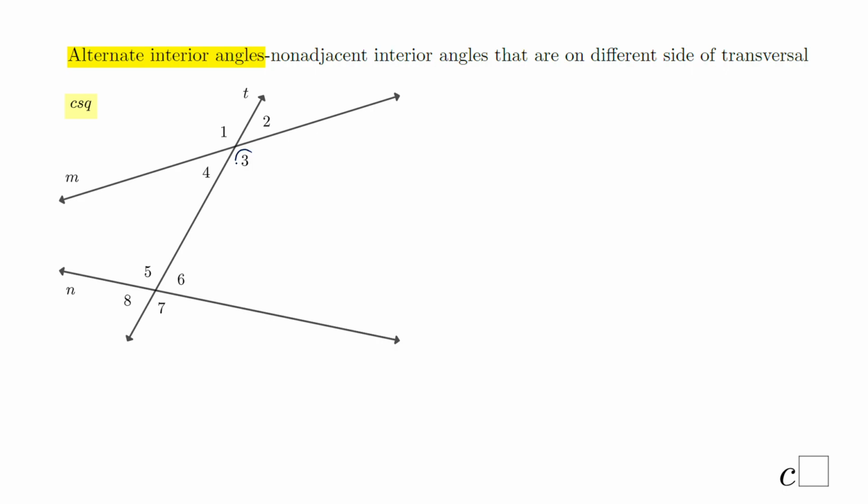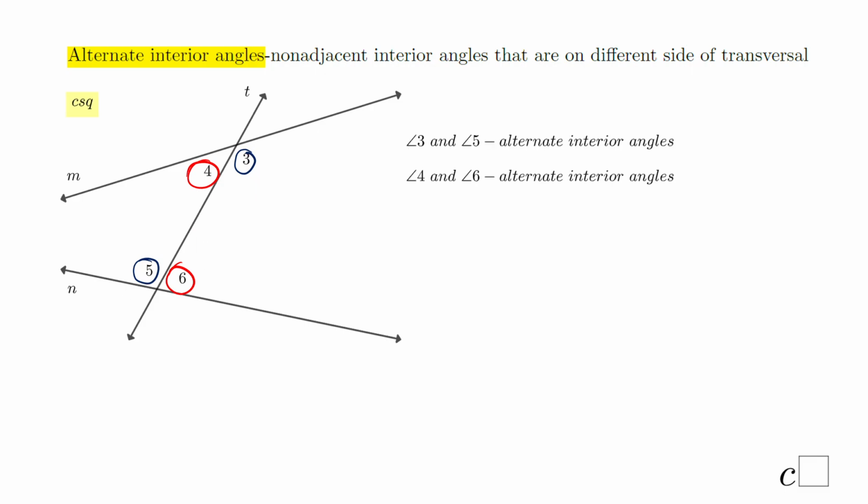So that means 3, not 4 because that would be adjacent, and one of 5 and 6. Which one? 5, because you notice 3 and 5 are on different sides of the transversal. One is on the right side, the other one is on the left side. The other pair obviously is 4 and 6. So 3 and 5 together, 4 and 6. This is the second pair.